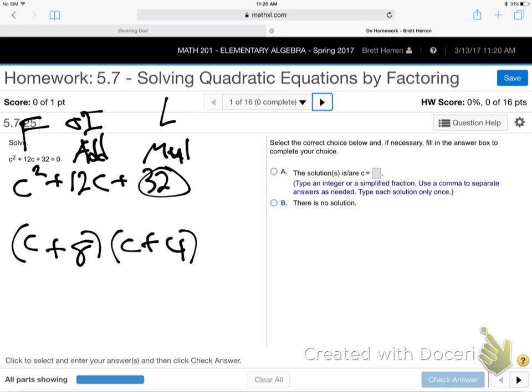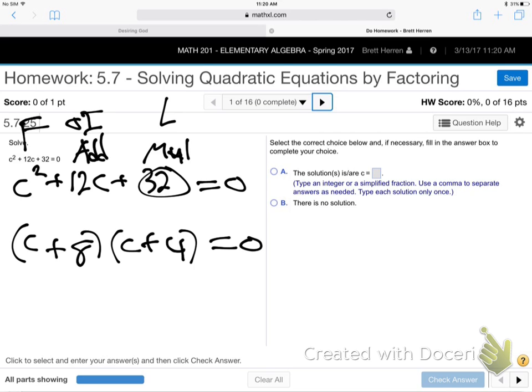But now they're putting this equals 0 thing on there. That's what's new. So the only thing new about this section, it's going to be super simple if you're good at factoring, which a great majority of you are, more than I've ever had before. This is just going to be one more step. You're going to set each of the parentheses equal to 0.